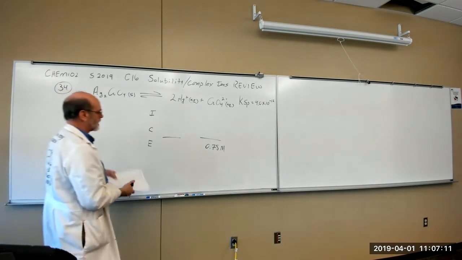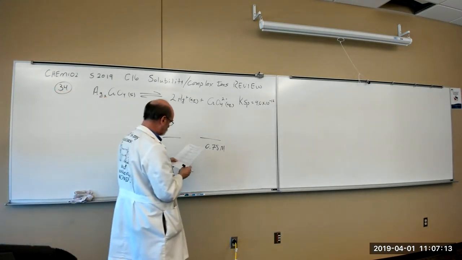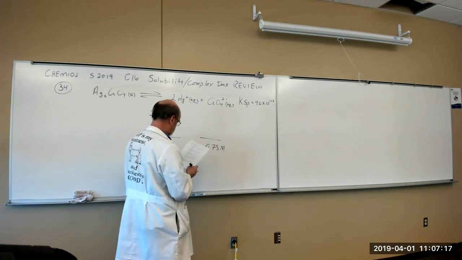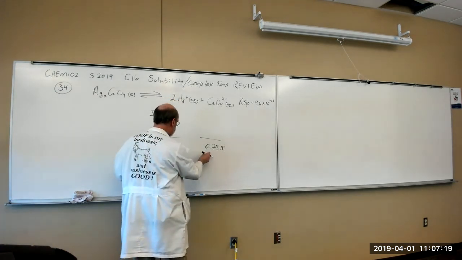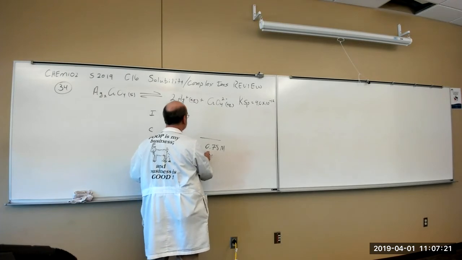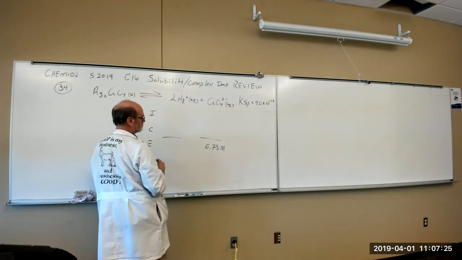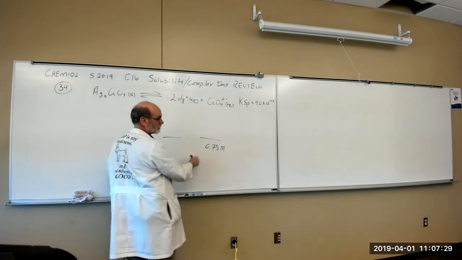Actually, I don't even need the ice table. If this value is at equilibrium, then what should this be at equilibrium? Oh. It should be twice that, shouldn't it?